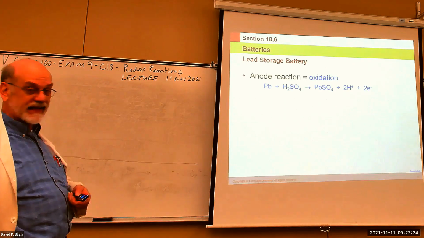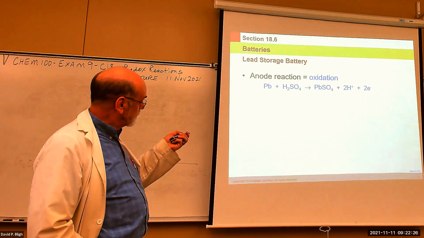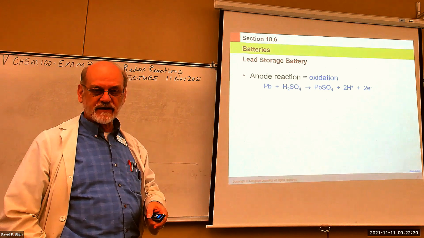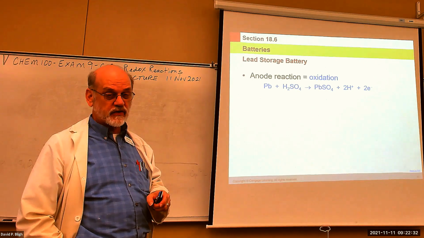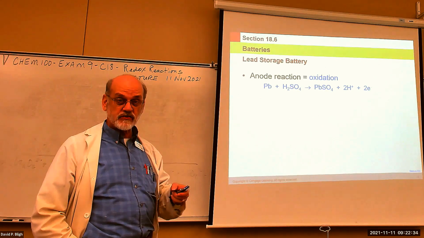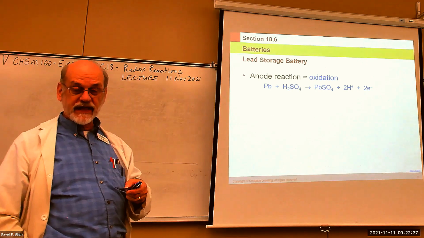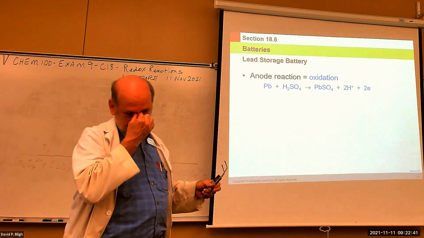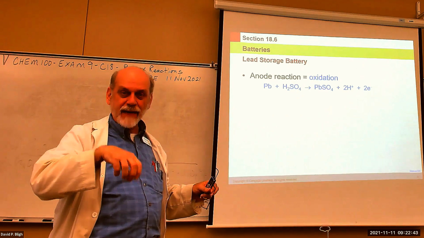And the reason we call it lead-acid is because the solution in that battery is sulfuric acid, and it's very high concentration. So it's a dangerous solution. You don't want to get any on yourself. Batteries used to have caps in them.